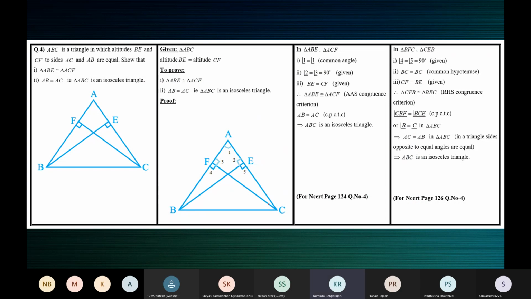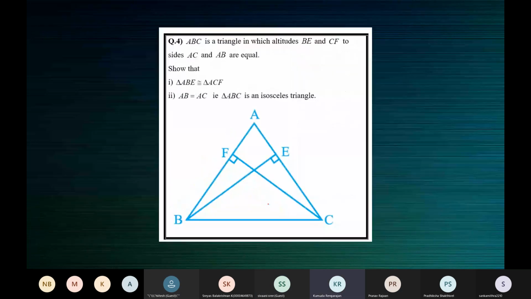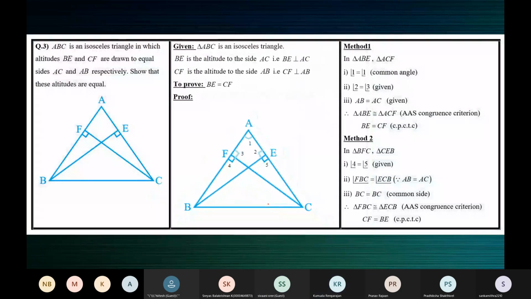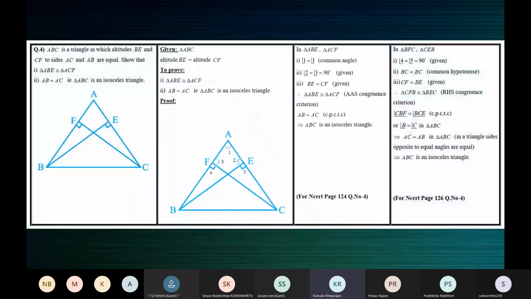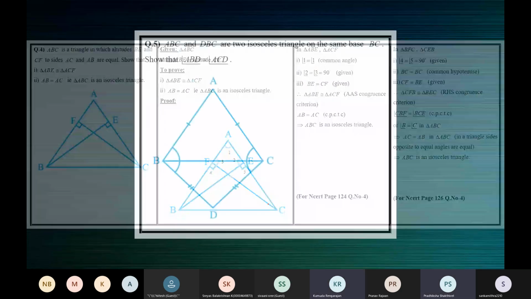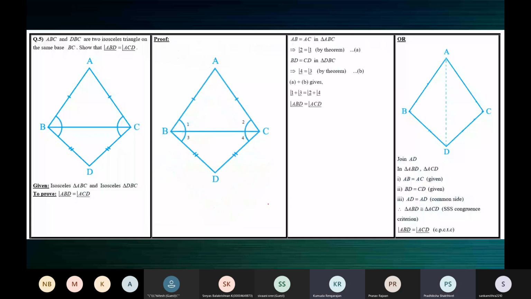Am I audible, children? Yes, ma'am. I said take a picture of this one, this one. Go through the proof. And then this one also.